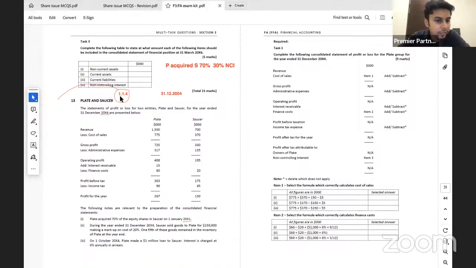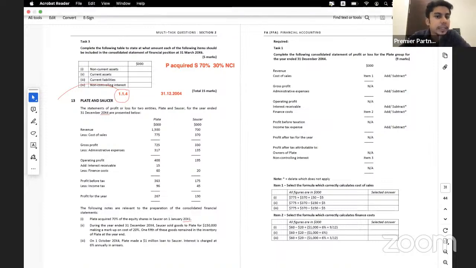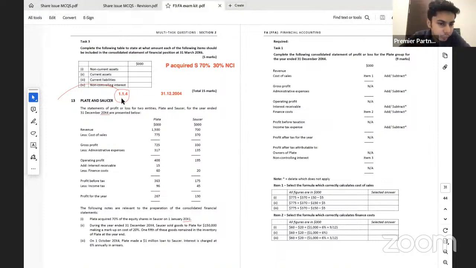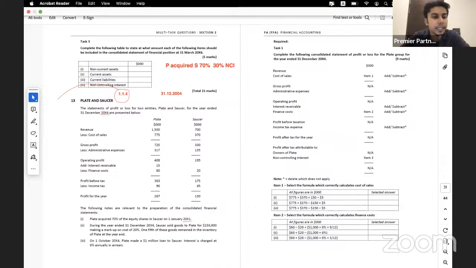Then you have to figure out when is the question starting. The important part is that when you figure out when is the question starting, if P had acquired this on 1 January 2004, or if the company had been bought, guys, way before this, then we consider it to be a full year subsidiary. You had it with them for the entire year.